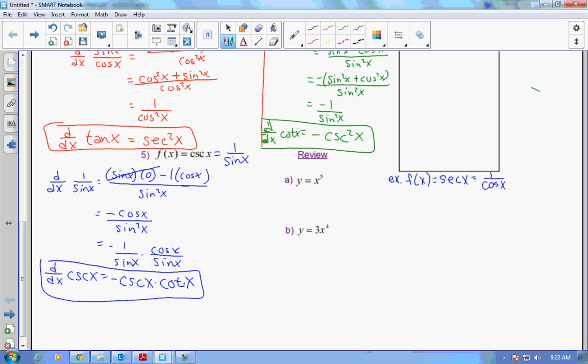So I'll let you do this one by yourself. d dx of 1 over cosine, find the derivative with respect to x of 1 over cosine x. Okay, work that out all the way to the end by yourself. Stand up when you think you have it.